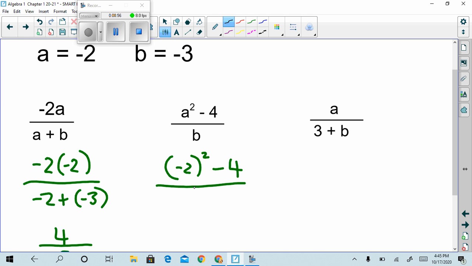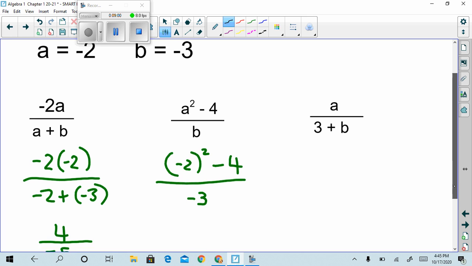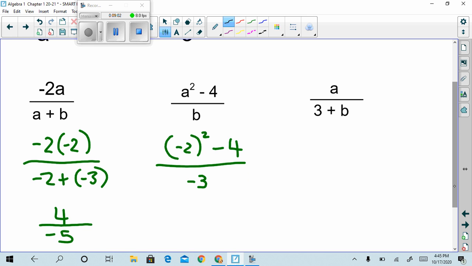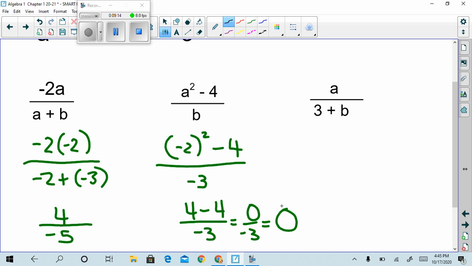And we're going to have b, which is negative 3. Well, negative 2 times negative 2, same signs, it will give me 4. 4 minus 4 over negative 3 gives me 0 over negative 3, which gives me 0. Because again, 0 times negative 3 gives me 0.